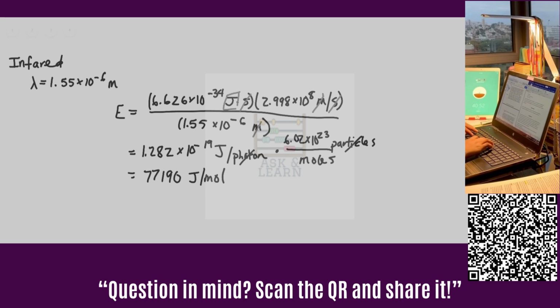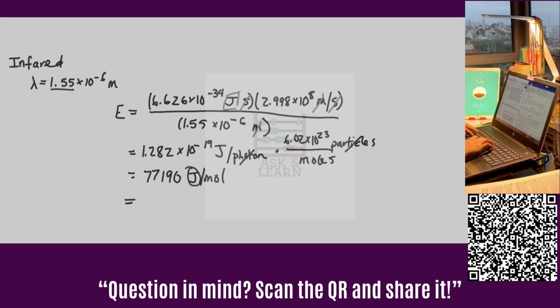It's not that it's not fully correct, it's that we're not incorporating two things. The first is that the number they gave us at the beginning has only 3 significant digits, so we need to incorporate that. And right now our answer is only in joules per mole, which they asked us to give in kilojoules per mole. So we're going to do that conversion right now.